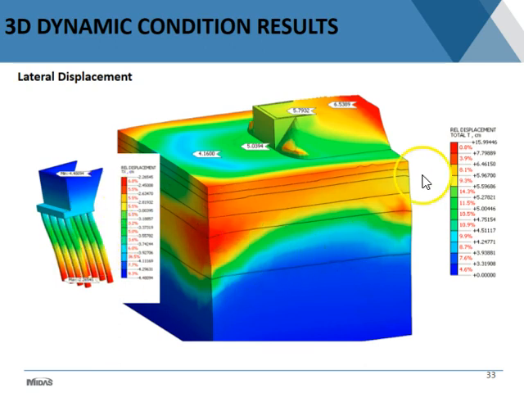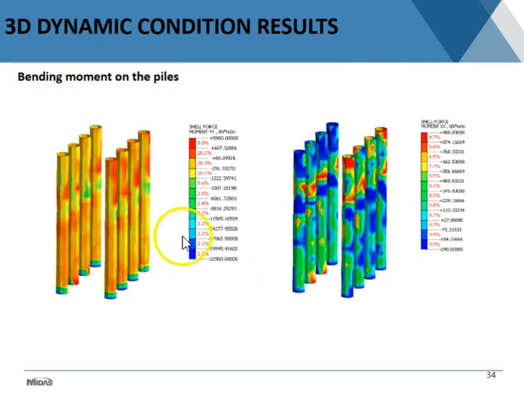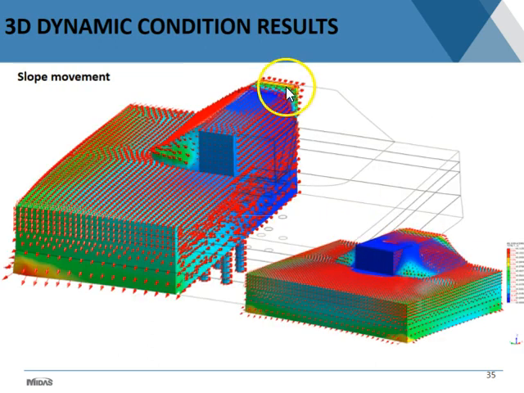So this is lateral displacement of the piles, and you can also get information about the bending moments and also about the shear. This is the bending moments in the different directions of the piles. Now, what I was trying to explain in the previous slide about the deformation of the soil, you can see it here.